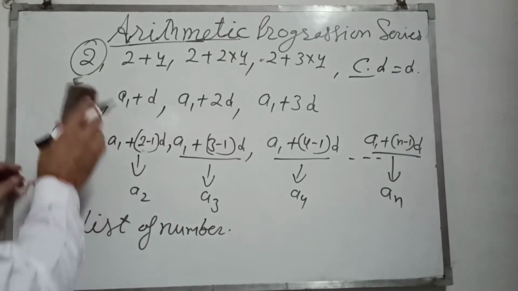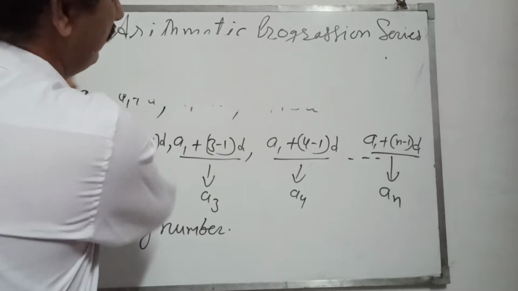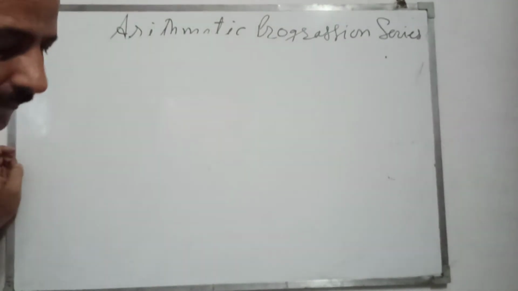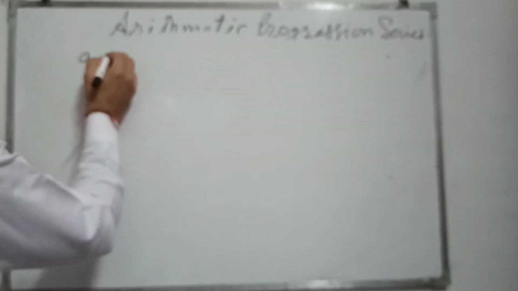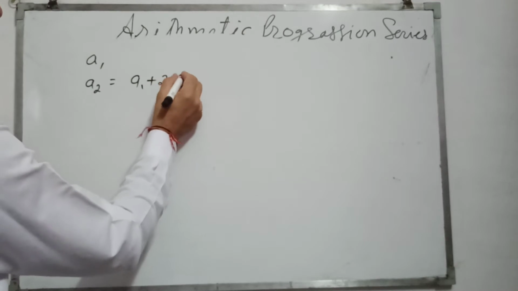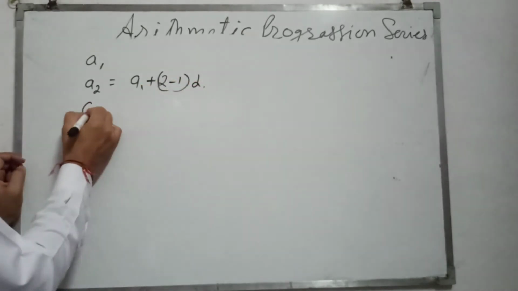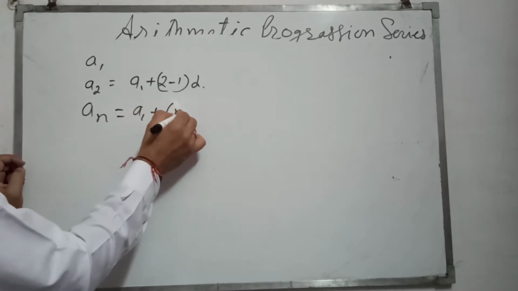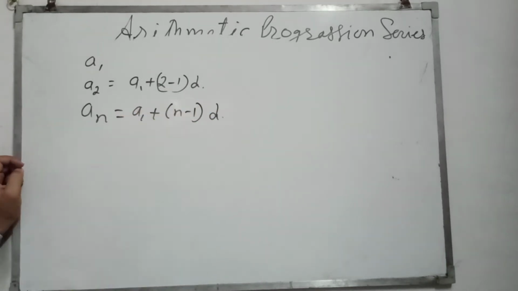Now some formulas we have written. A1 is the first term, and A2 is A1 plus 2 minus 1 into D. So An is A1 plus n minus 1 into D, right?